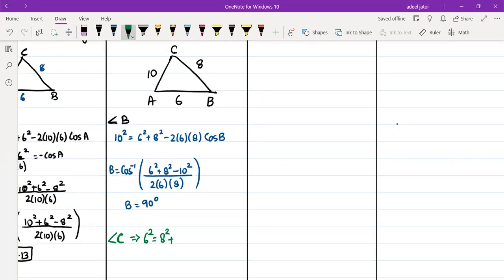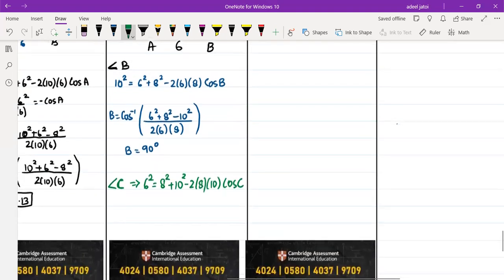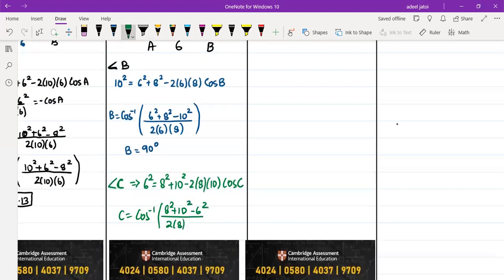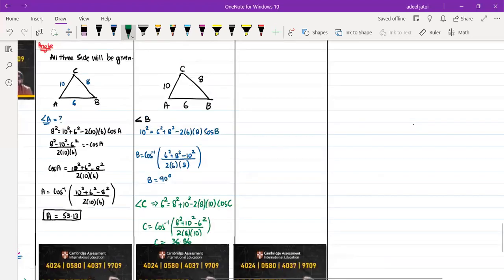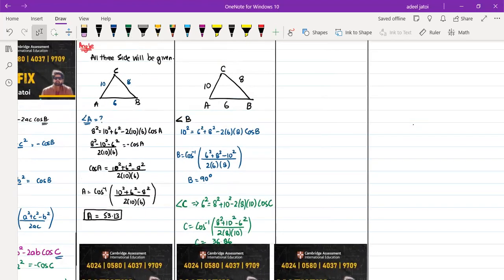This should be 8 square plus 10 square minus 2, 8, 10, and this should be cos C. To find C, what we'll do is cos inverse of 8 square plus 10 square minus 6 square upon 2, 8, and 10. The answer for C is 36.86.